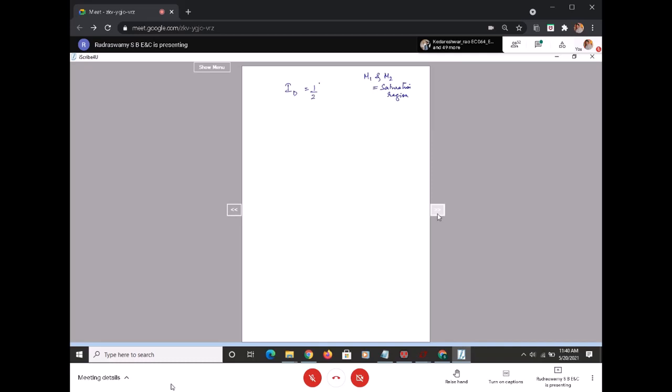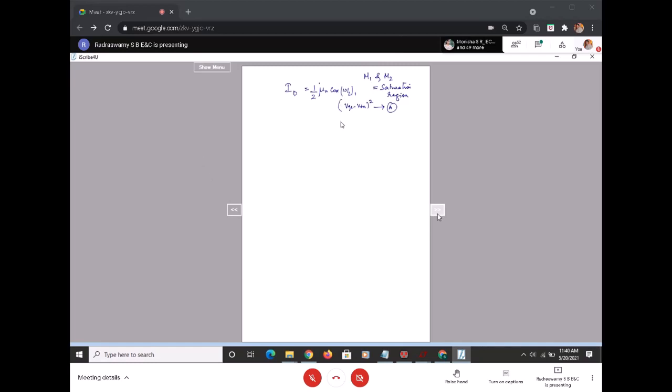It is given by 1/2 mu n Cox W by L of 1 into (VGS minus VTH) square. So this is the drain current under saturation.